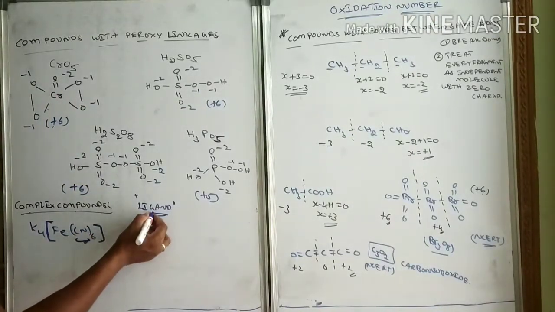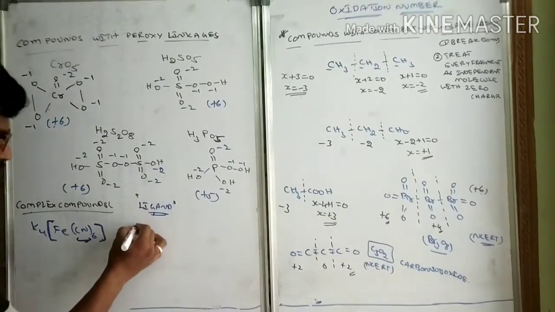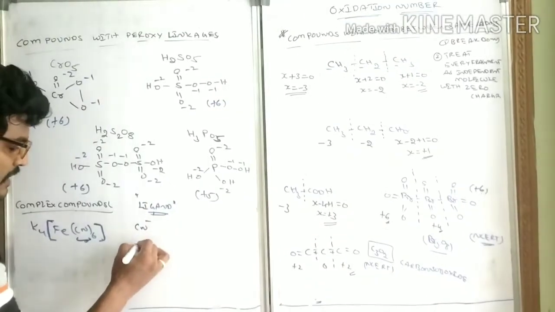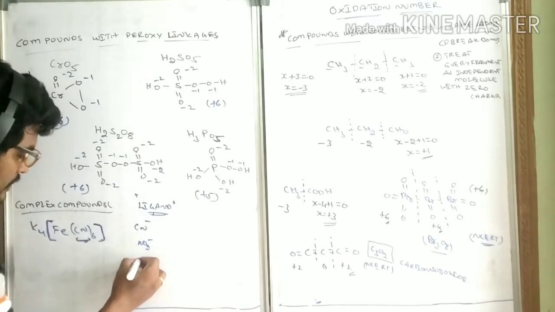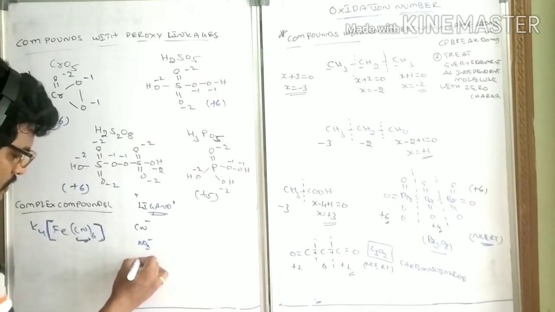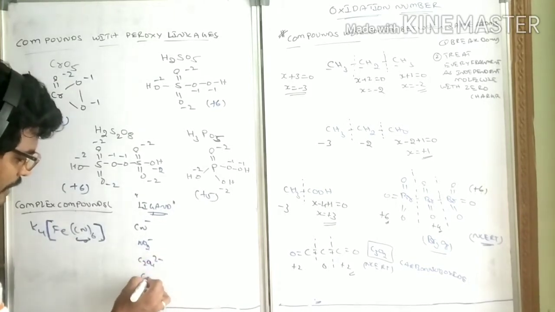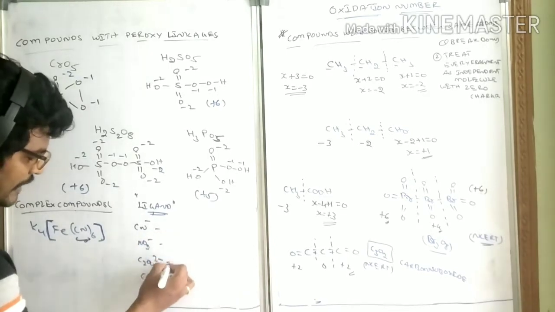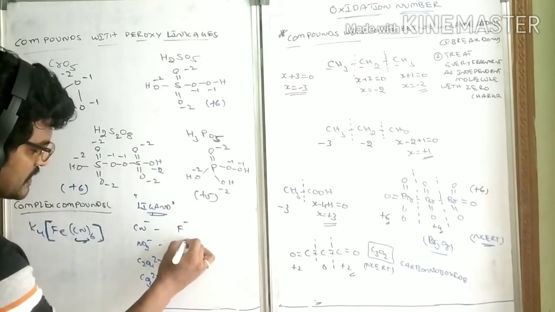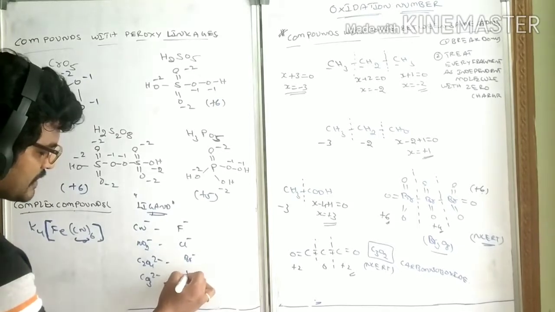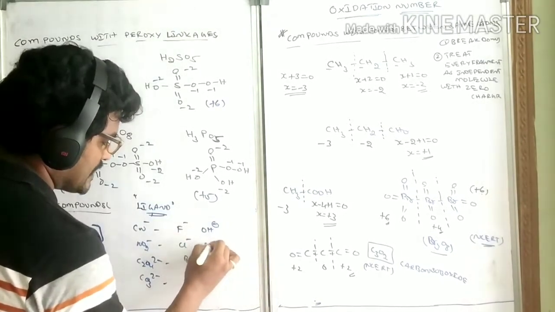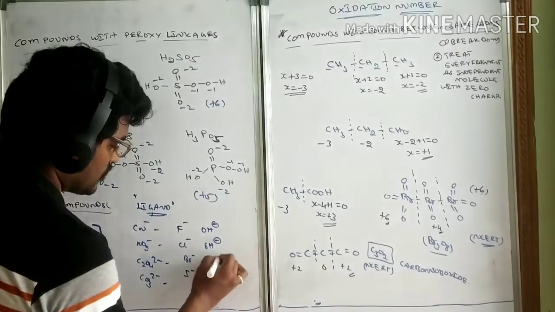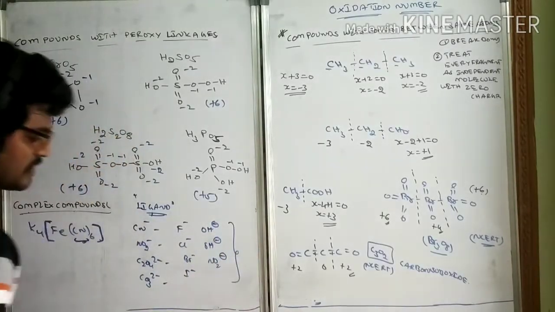These ligands will have particular charges, like CN minus, NO2 minus, C2O4 2 minus, CO3 2 minus, F minus, Cl minus, Br minus, I minus, OH minus, SH minus, with different charges.